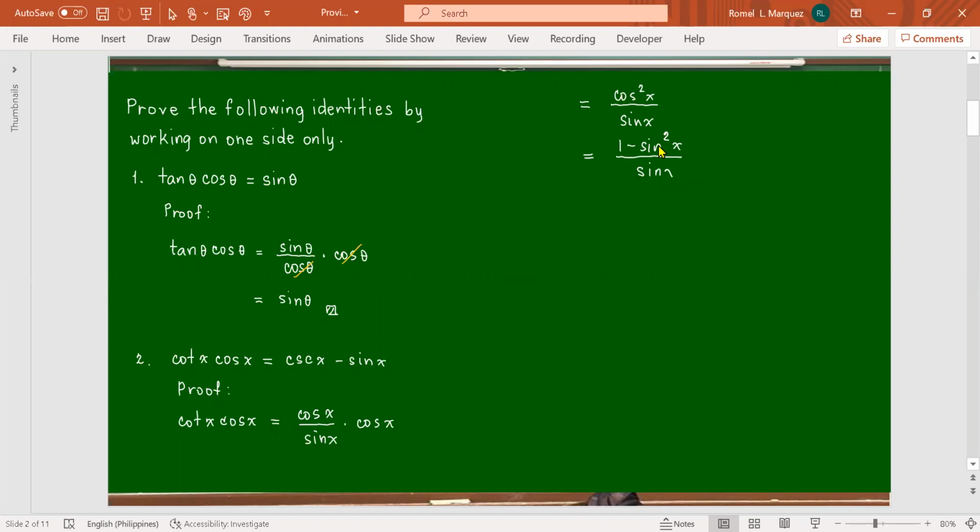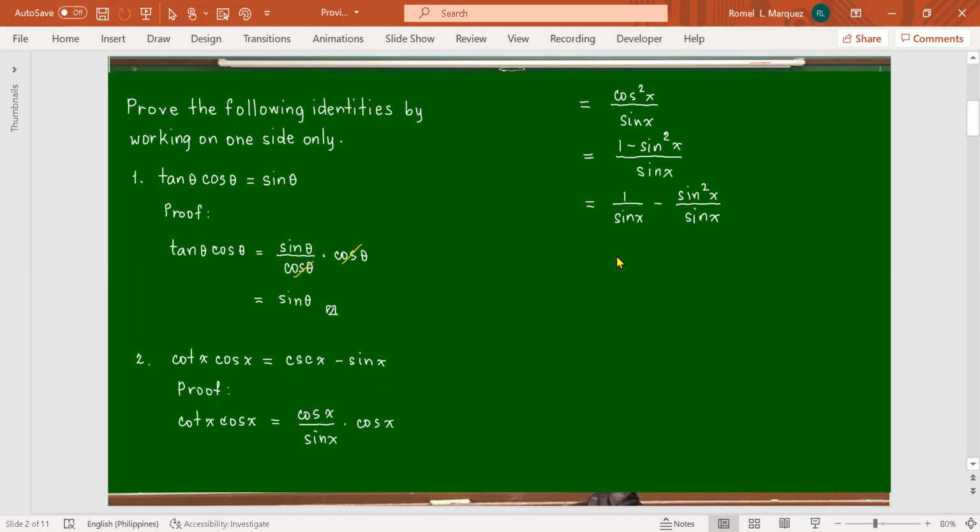Then over sine x. We can split this fraction into two fractions. So the first one is 1 over sine x. Then the second one is negative sine squared x over sine x.